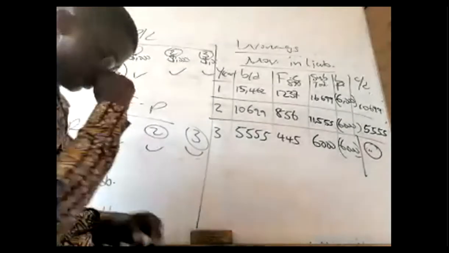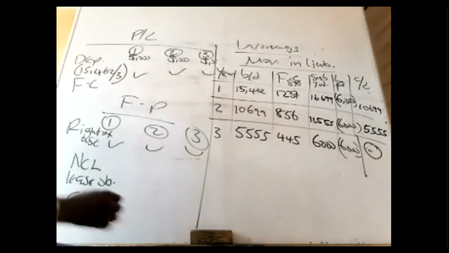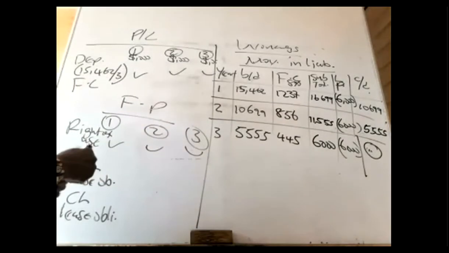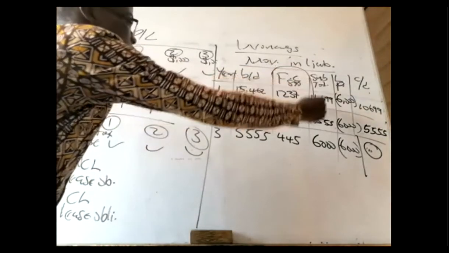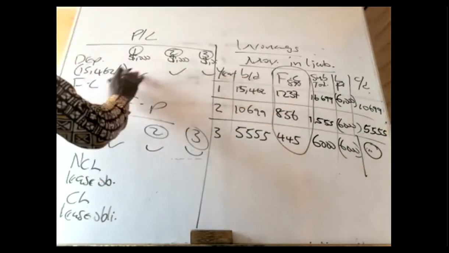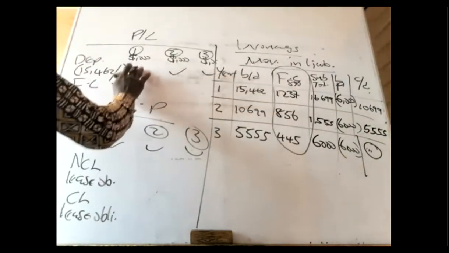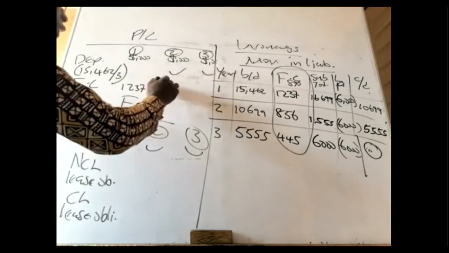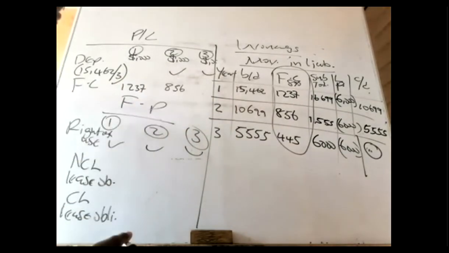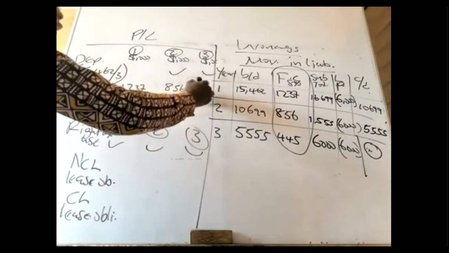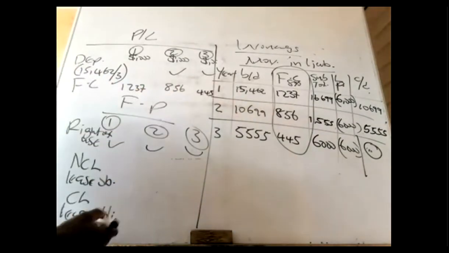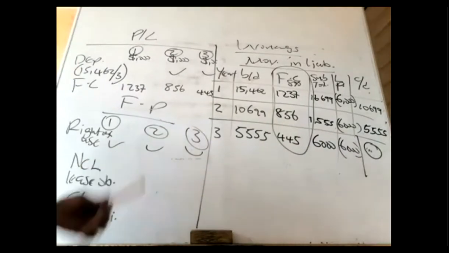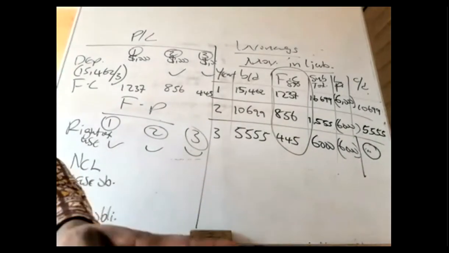Good. Now we are done. Let's go. So the finance charge for year 1 will be, this is the finance charge. So easy to be determined. 856, and then 445. Agreed.